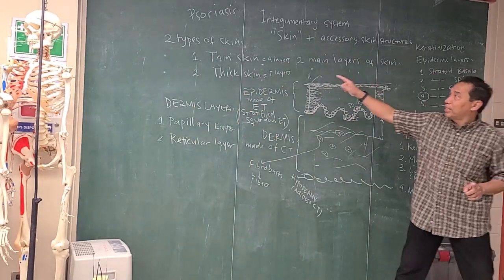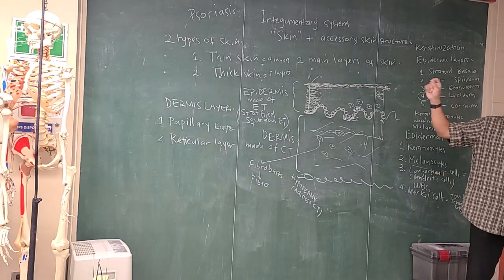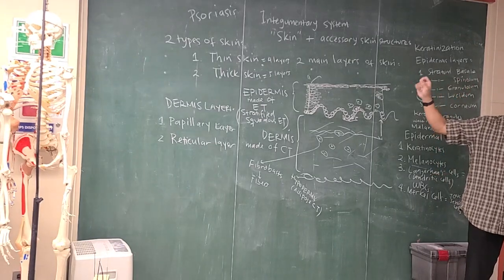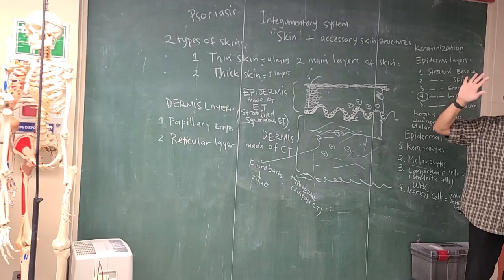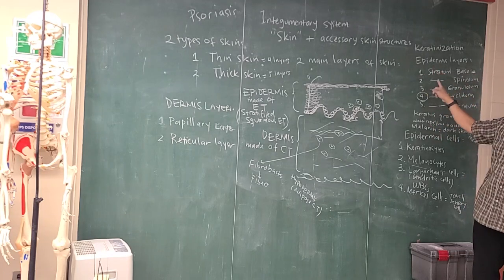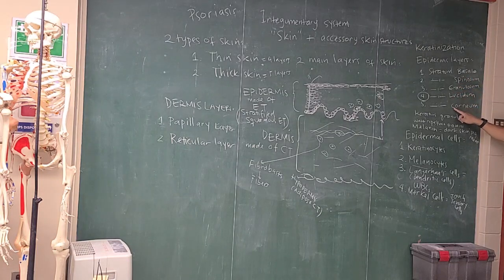Do you have questions about it? Now we go back to thick skin and thin skin. What is the difference? First, of course, one is thicker, the other thinner. The thicker one has how many epidermal layers? 5. And you have to know the names. How to remember them? Start with B, S, G, L, and C. I usually remember the names by remembering the first letter.